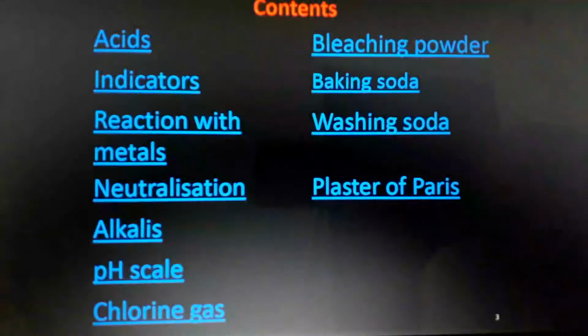These are the main things we will study in this chapter. The chapter means only this much. First is acid and base. What is acid? What is base? You already have an introduction to that.